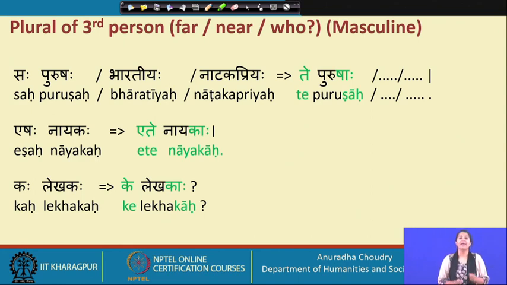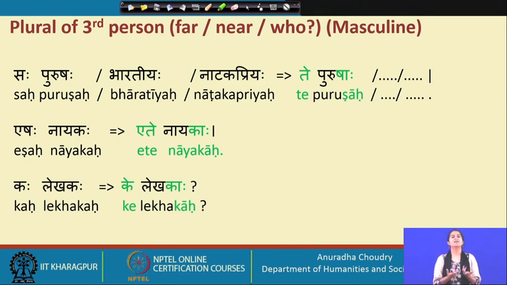The next one, Eshaha Nayakaha, meaning actor. Eshaha becomes Ete. And we know the plural for Nayakaha, it is Nayakaha. So, Eshaha Nayakaha, Ete Nayakaha.